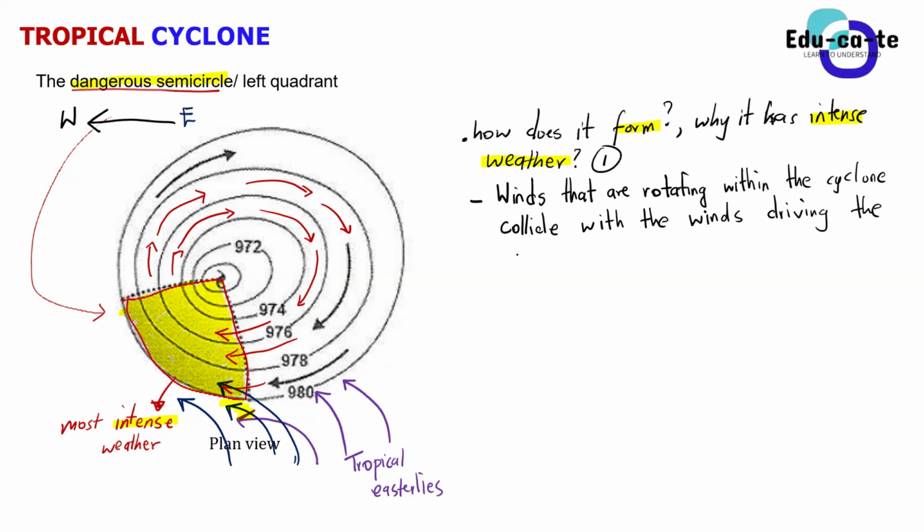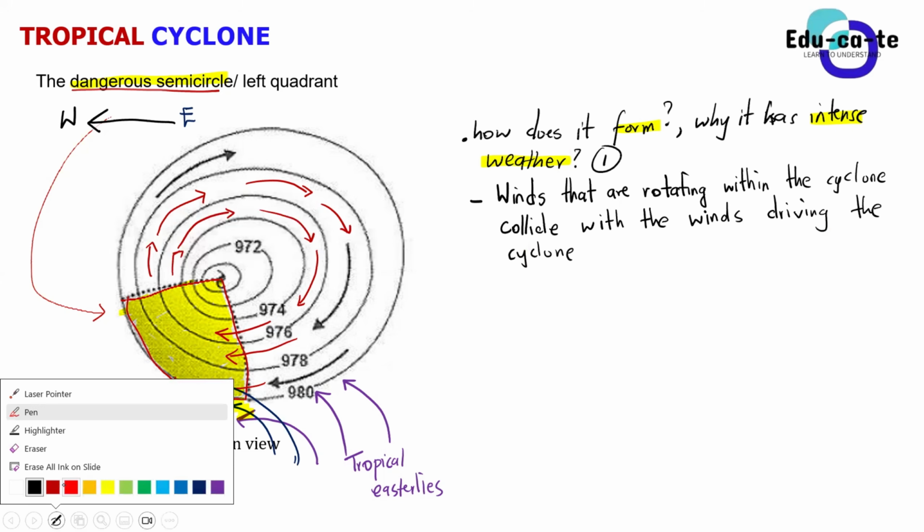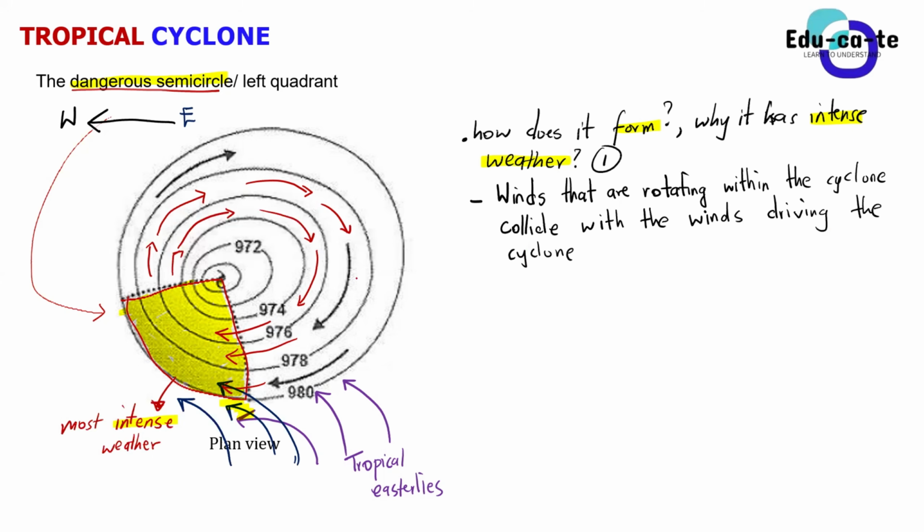So basically, we are trying to say that these winds that I've drawn using these maroon arrows are the winds rotating within the cyclone. They collide, or they meet with what? They meet with the winds that are driving the cyclone. The winds that are driving the cyclone are the tropical easterlies.